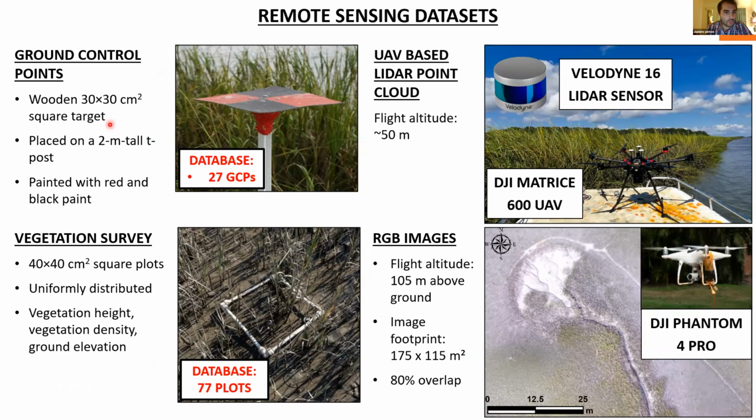I placed 27 ground control points in my area, and this is an example of one. I took the midpoint of each using a GPS, and I used them to georeference both the RGB data and the LiDAR data.